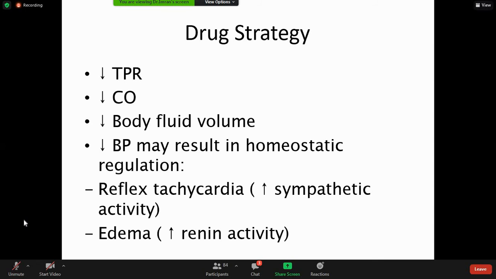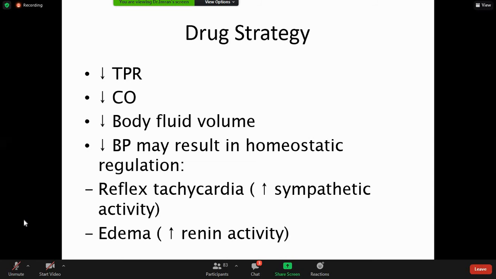Decreased blood pressure may result in homeostatic regulation. This is important. When we have achieved the task and reduced the blood pressure, there is the baroreceptor reflex that we have already discussed. When the blood pressure is reduced, autonomic activity is activated in response to this decreased blood pressure with the help of the baroreceptor.